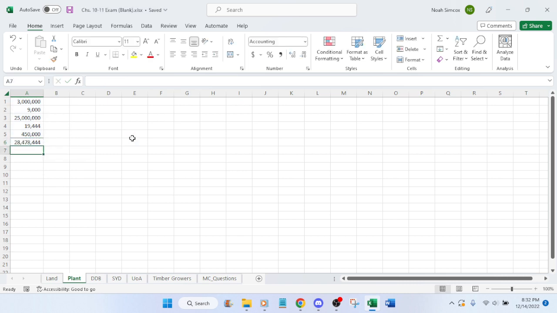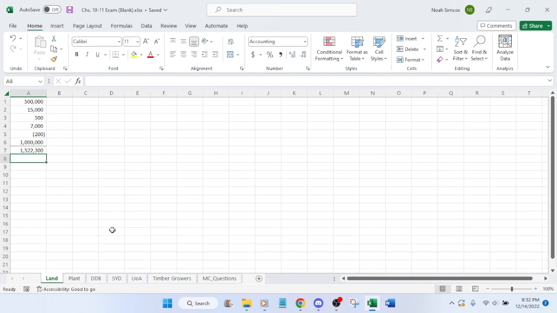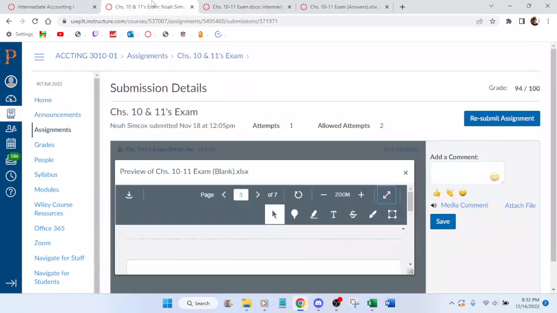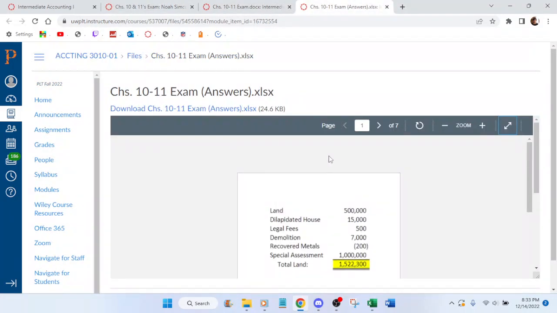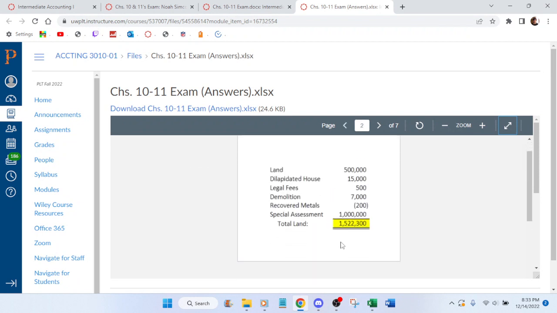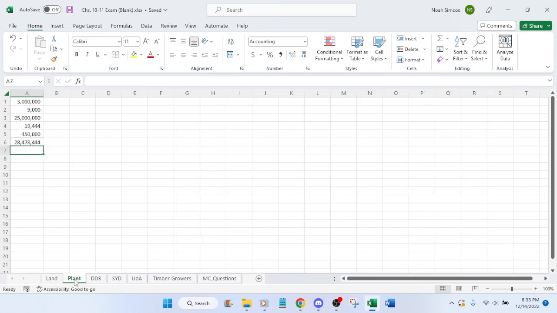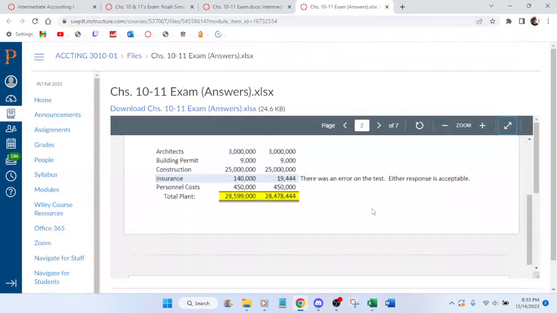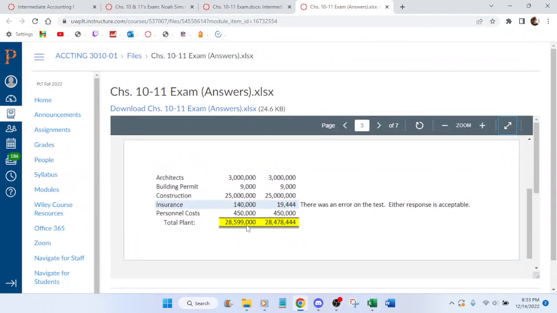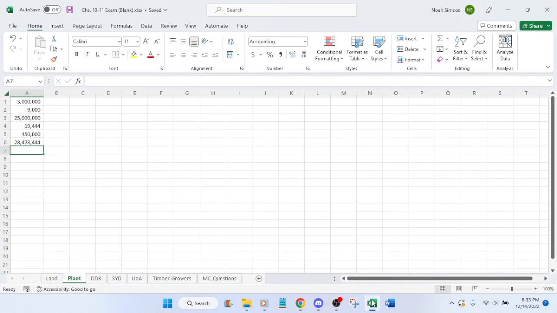And now we have determined the answers. So we will now compare our answers with the answer key. The answer for land is 1,522,300. And the answer for plant is 28,478,444. So I did it correctly.